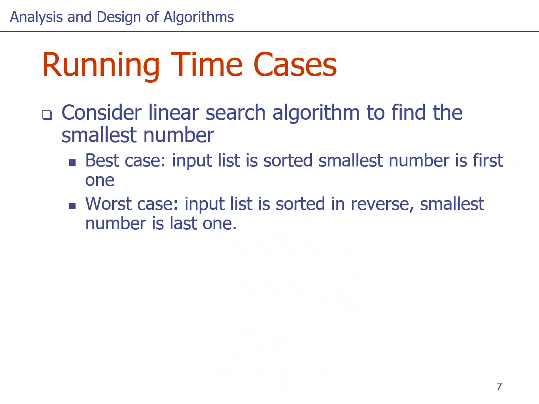So as an example, take what we call simple linear search: an array that you're given and you would like to find a value in the array, for example, the smallest number. Now, if the array is sorted, the smallest number will be in the first cell.